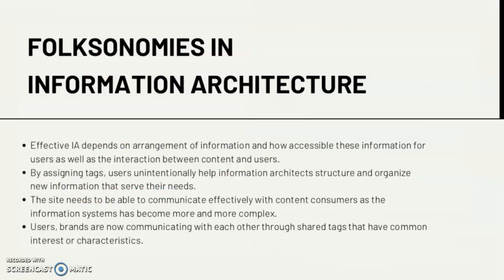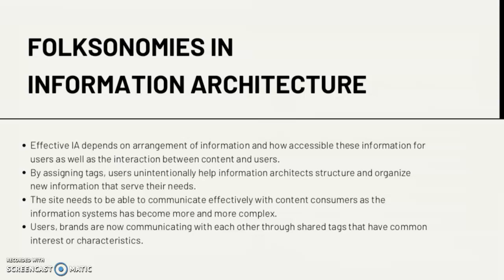So effective information architecture depends on the arrangement of information and how accessible this information is for users, as well as the interaction between content and users. By assigning tags, a user unintentionally helps information architects structure and organize new information that serves user needs.